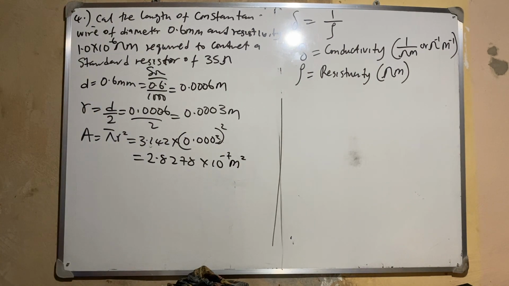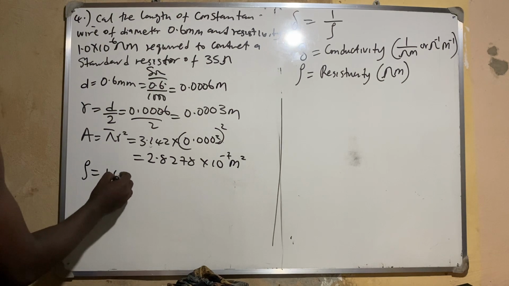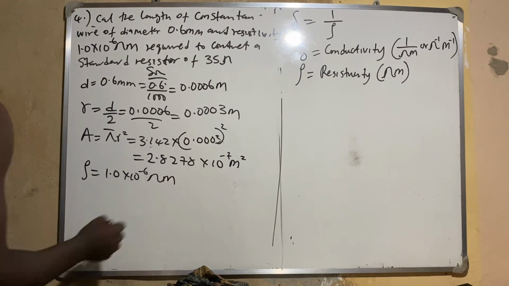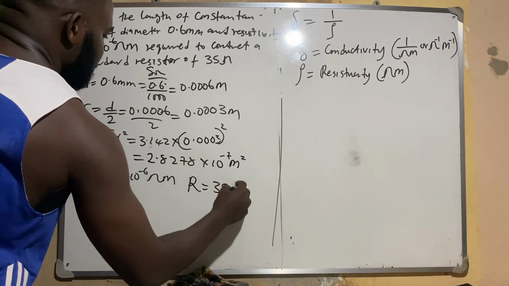So the next thing they gave me is my resistivity, 1.0 times 10 raised to the power minus 6 ohm meter. And the next thing they gave me is my resistance, 35 ohms.